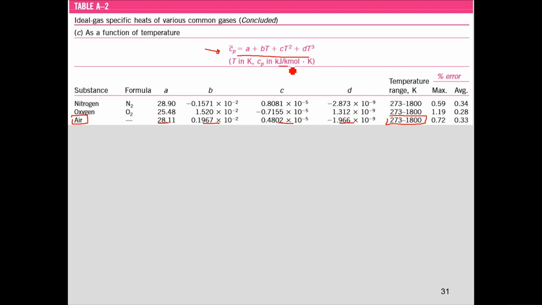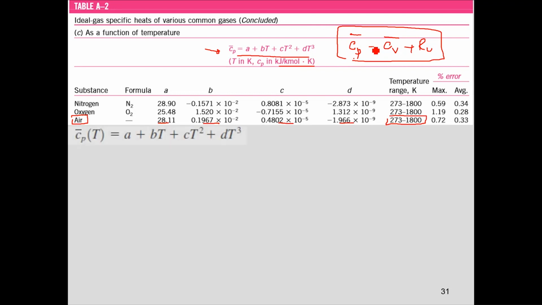This value is in kilojoules per kilomole per Kelvin. So you remember that Cp per kilomole is essentially equal to Cv per kilomole plus Ru. This relationship you remember? Yes, sir.